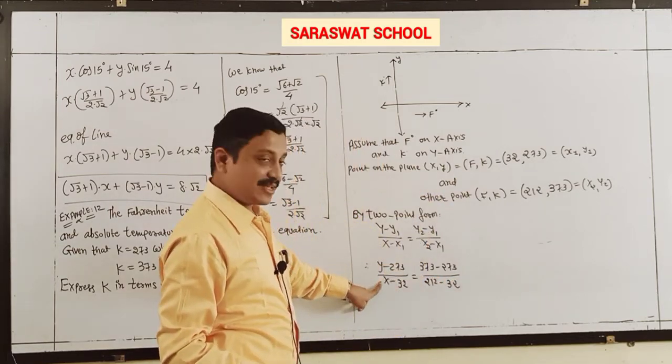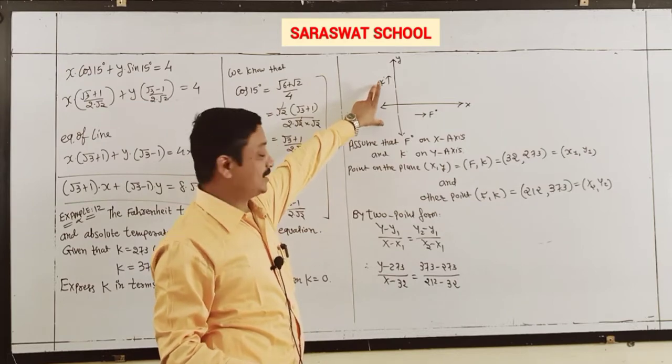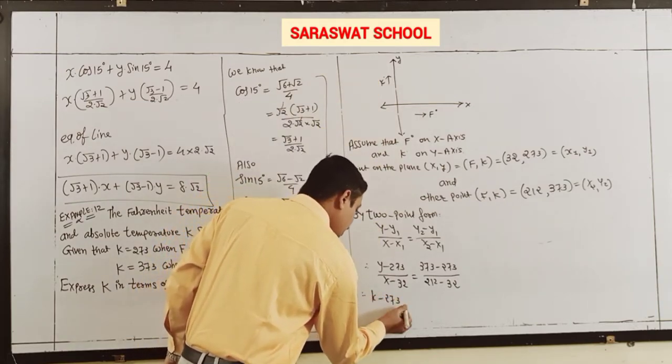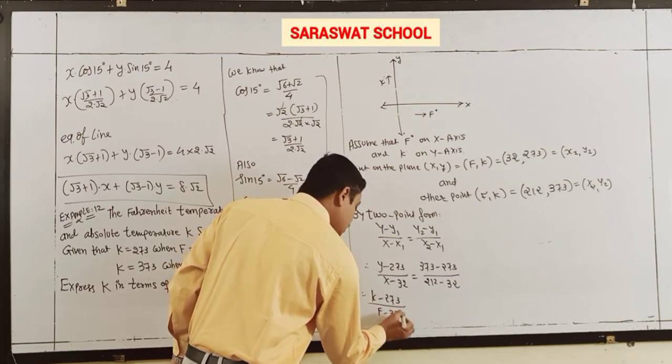Students, here y and x are already written on the respective axes. So y is K minus 273, and here F minus 32.